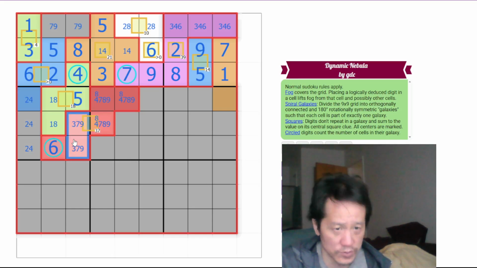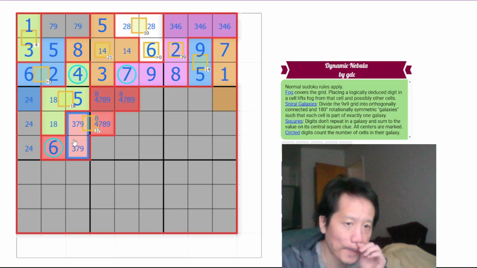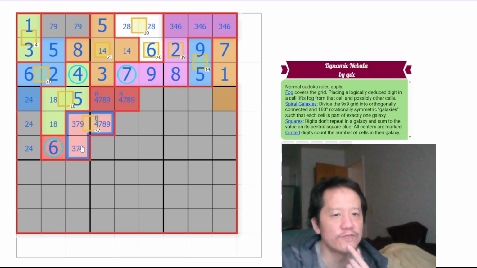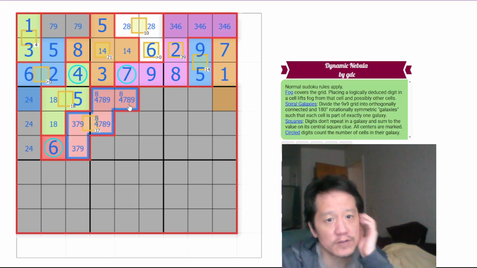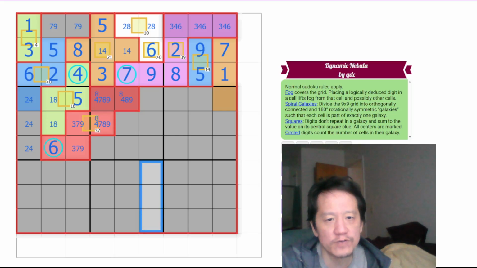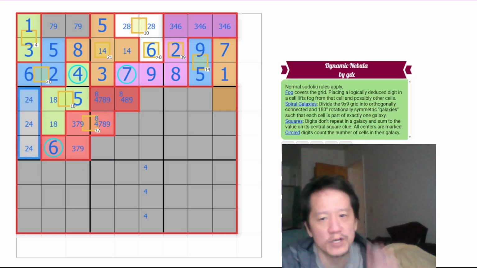3 is one of these two. So 3, 4, 6, 7, 8, 9 adds up to 37. That's fine. So this can't be 7 here. 4 is one of these three. Therefore, 4 has to be one of these three in column 6. This is 2, 4, and it's 1 out of 7 or 9.